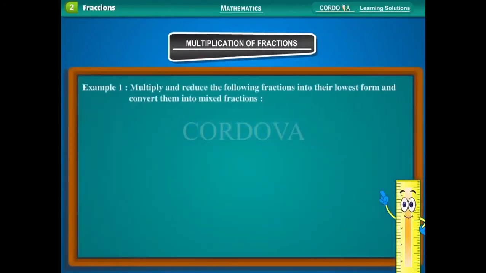Example 1. Multiply and reduce the following fractions into their lowest form and convert them into mixed fractions. 5 into 4/9, 2/3 into 4.